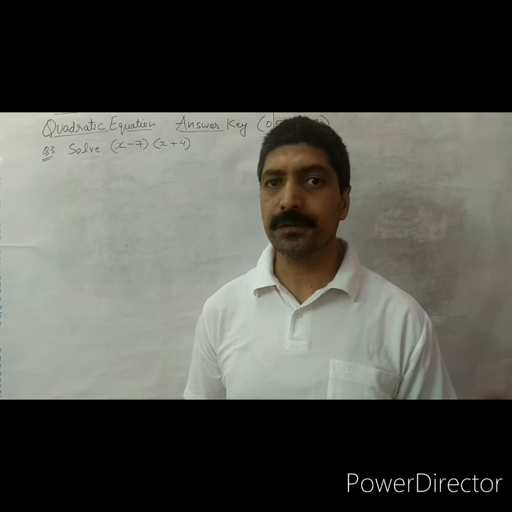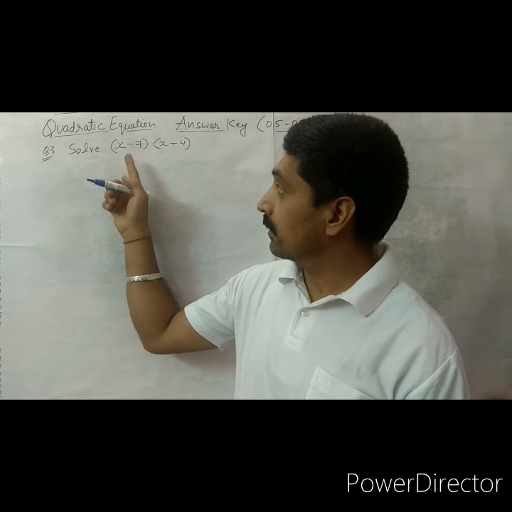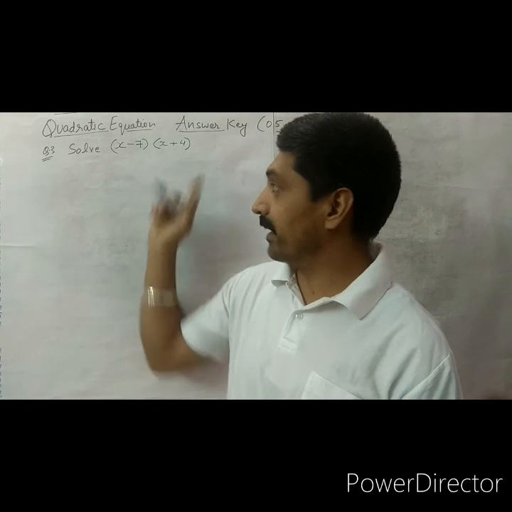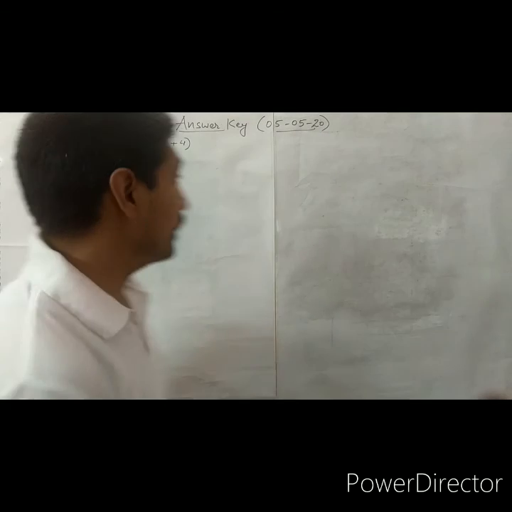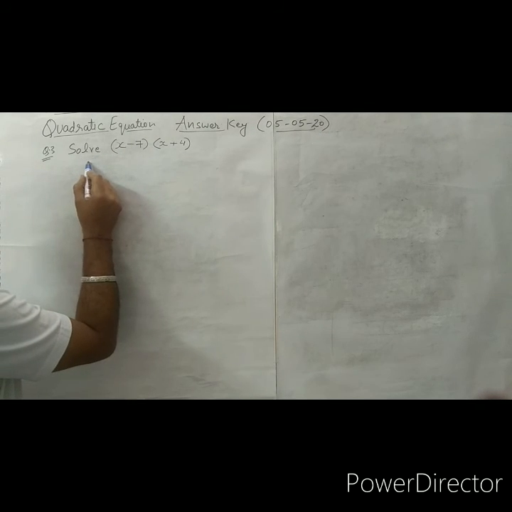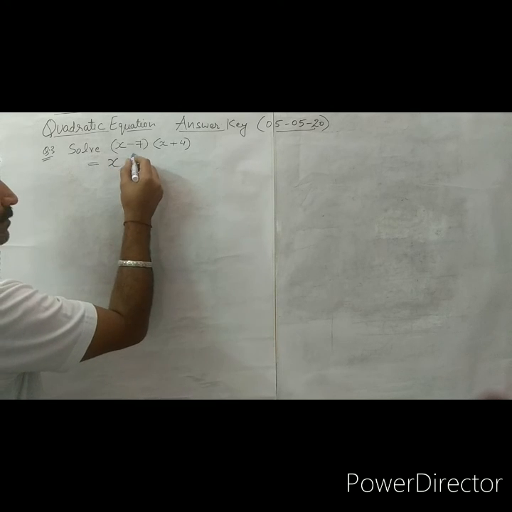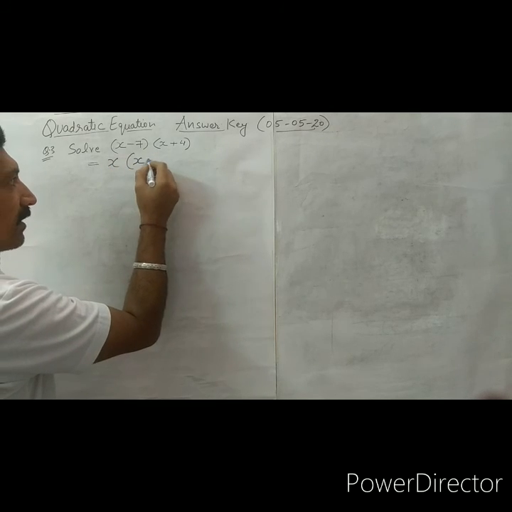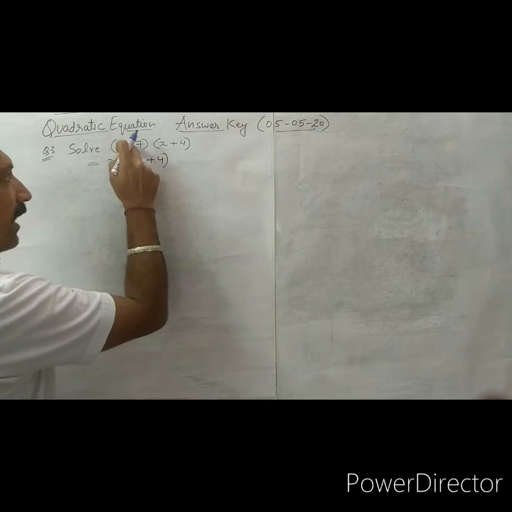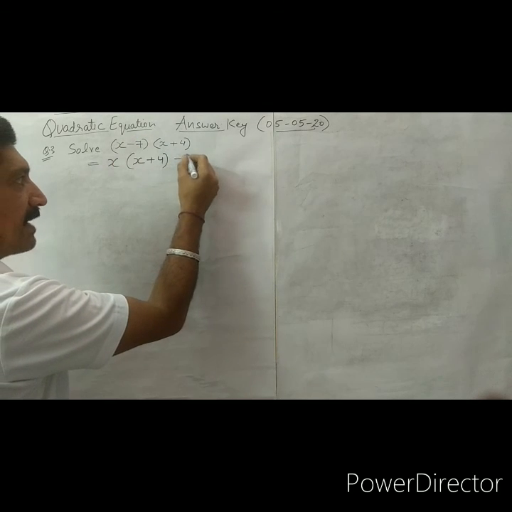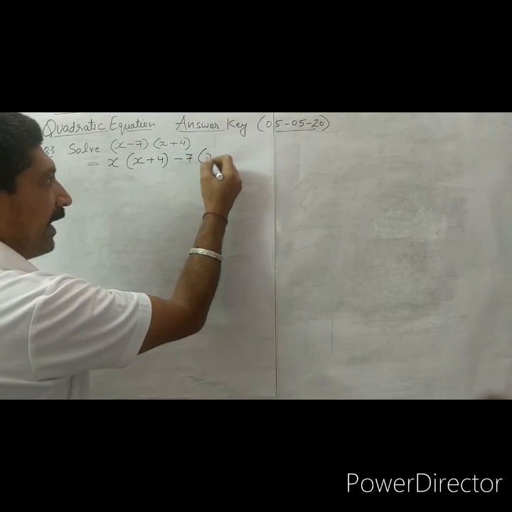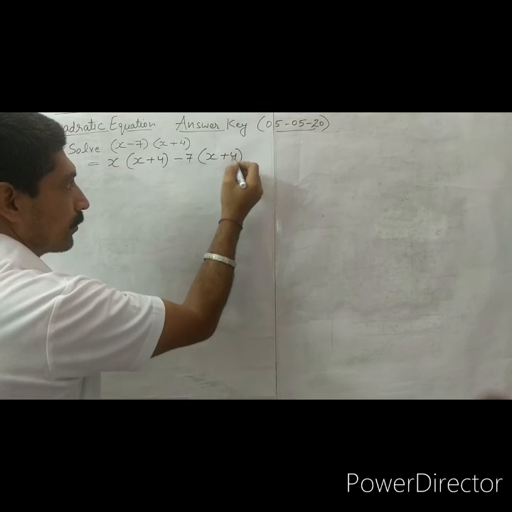Question number 3. Solve x minus 7 into x plus 4. Here we can open the first bracket, x multiplied with the other bracket, x plus 4.